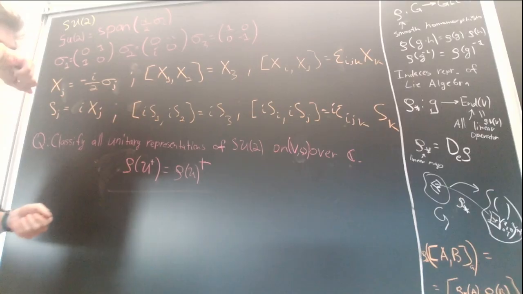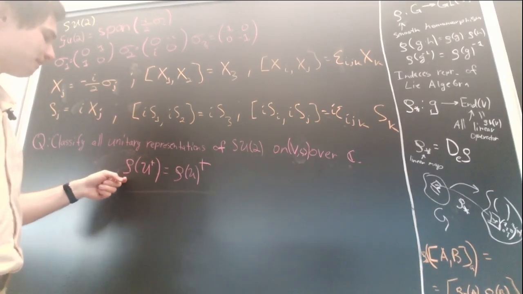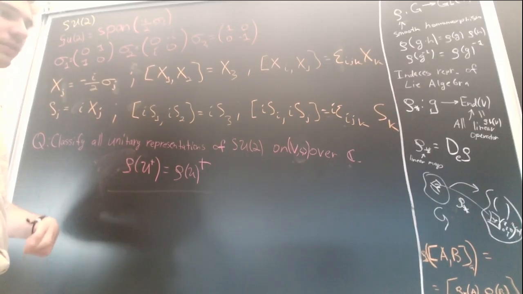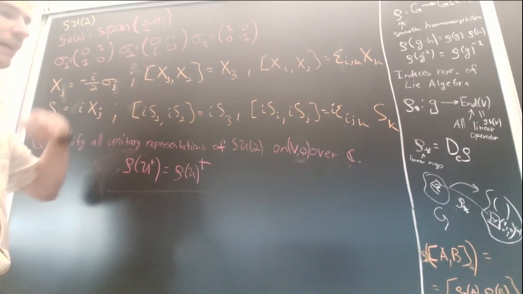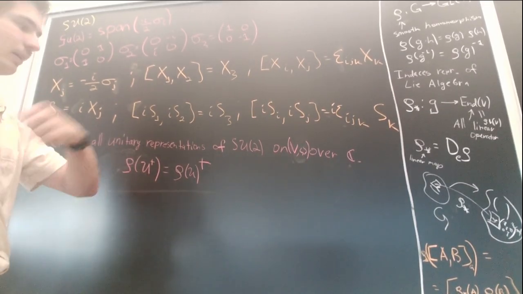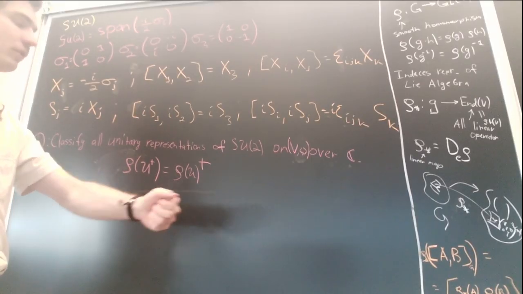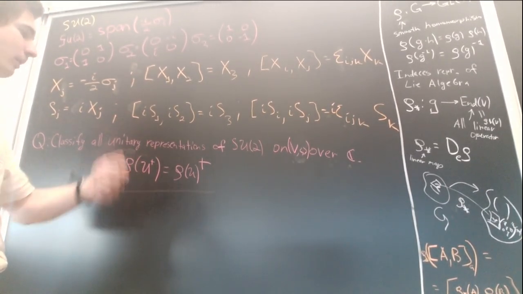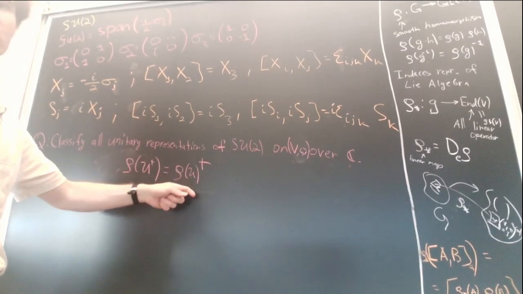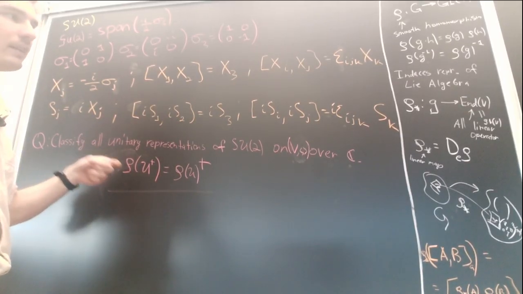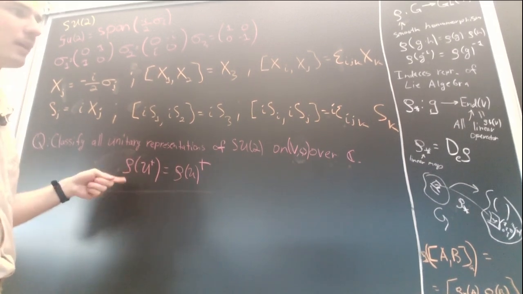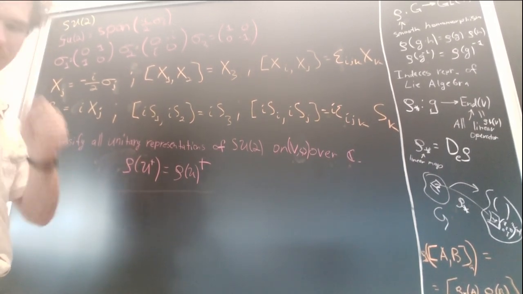In particular, if a matrix was self-adjoint, after I push it through the representation, it's still going to be a self-adjoint matrix. Self-adjoint matrices get mapped to self-adjoint matrices, anti-Hermitian matrices get mapped to anti-Hermitian matrices, and so on and so forth. So this just simplifies life a little bit.